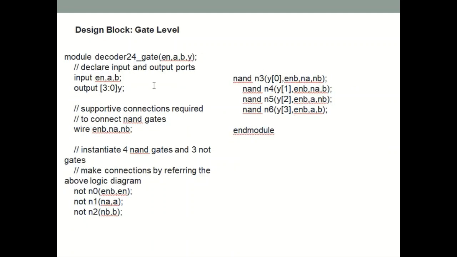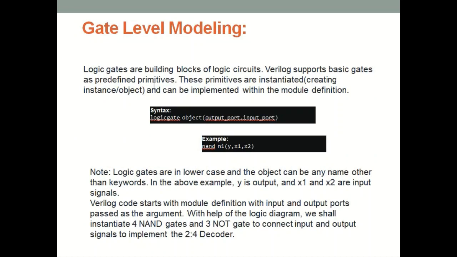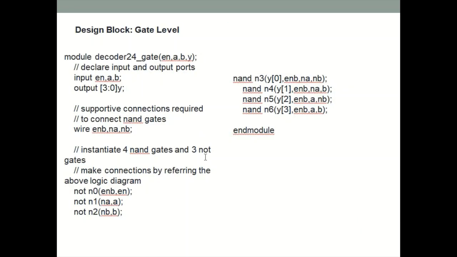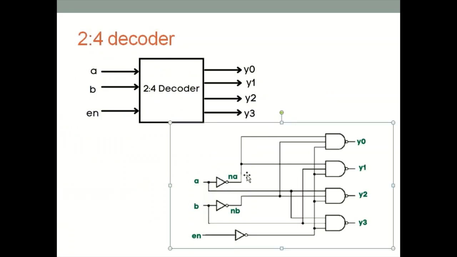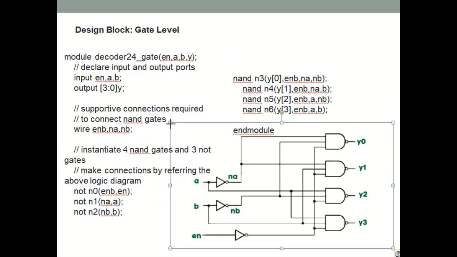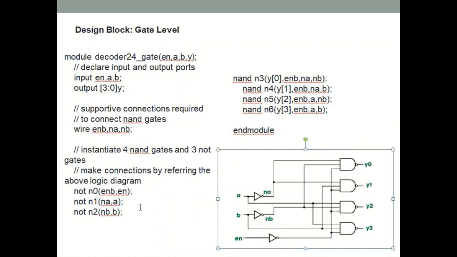We are going to use the same level of connections here and create the NAND gates and NOT gates. For the NOT gate, the input will be EN and the output will be ENB, and we are going to copy this and paste it here, and we are going to see it here clearly.